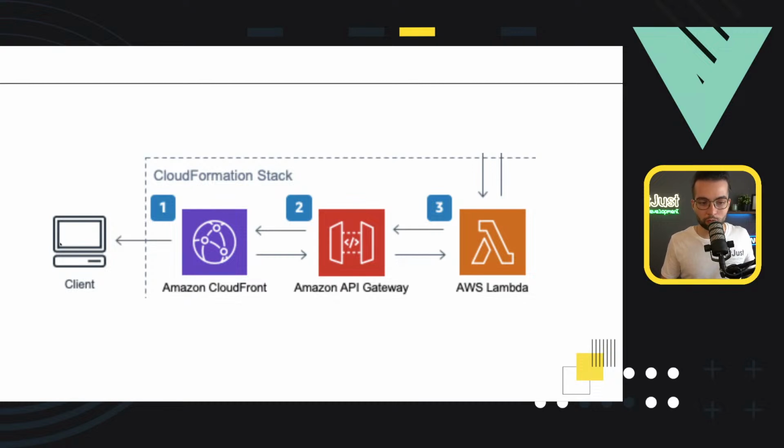So the client will send a request, and the request will go through Amazon CloudFront. Amazon CloudFront is a CDN, a global network of servers that works as a cache for your data.